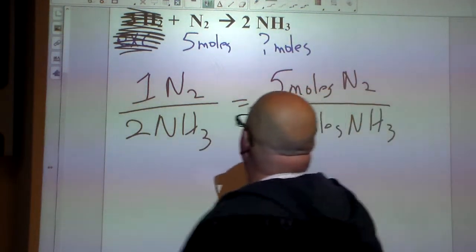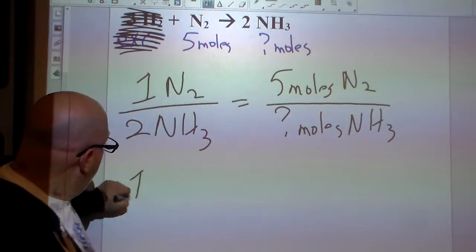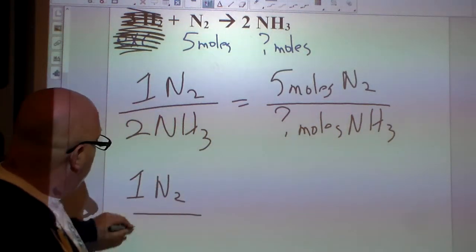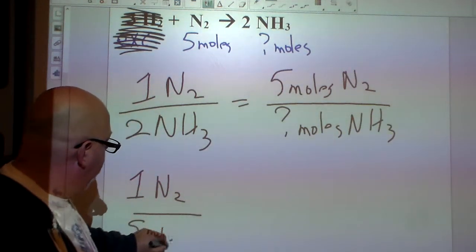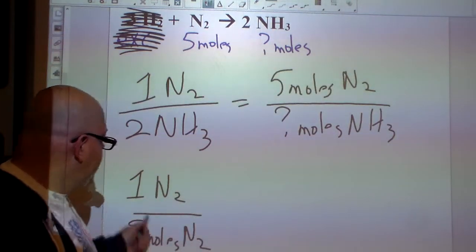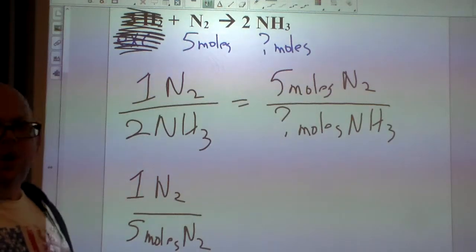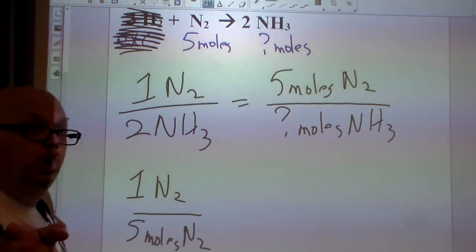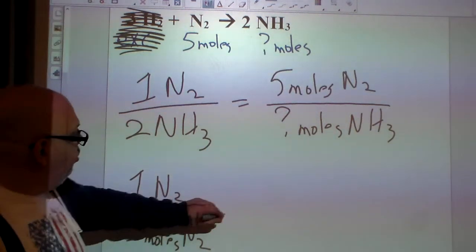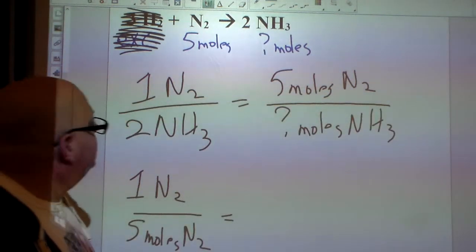We can still do it another way where we have 1 N2 over 5 moles of N2. Now you're saying, well, wait a minute, don't you need to write the word moles up here? No, I don't. If you want, you could, to help on how you see things.